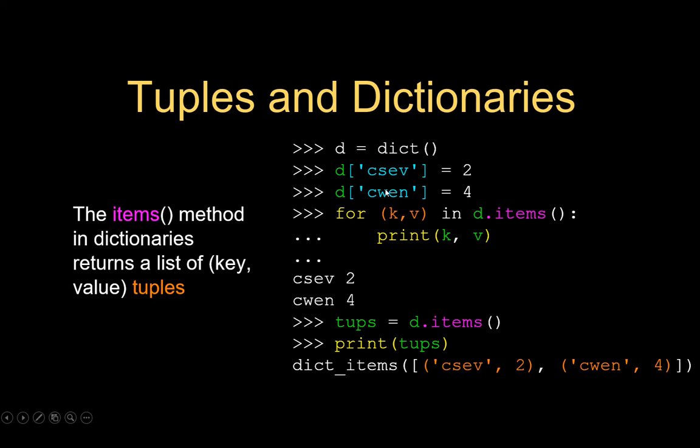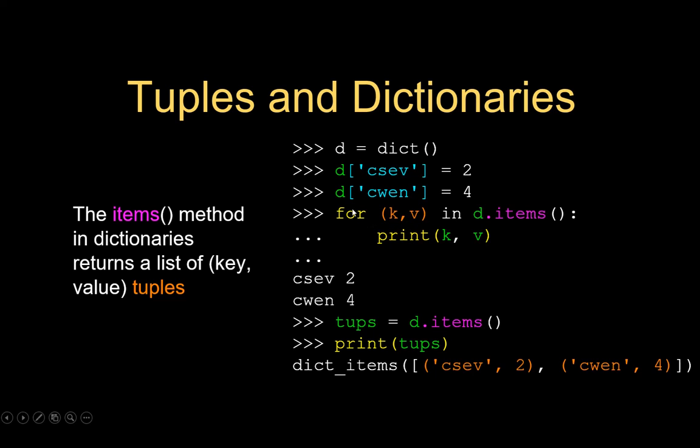So this dictionary has 2 items, and each item is a tuple with a key and a value. The first key is CZIF and the value 2. The second key is Sven, the value 4.